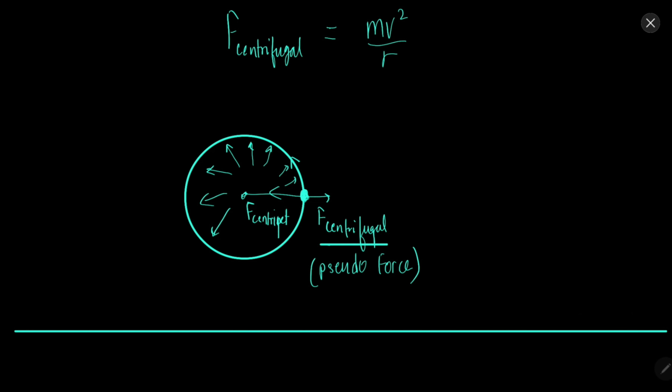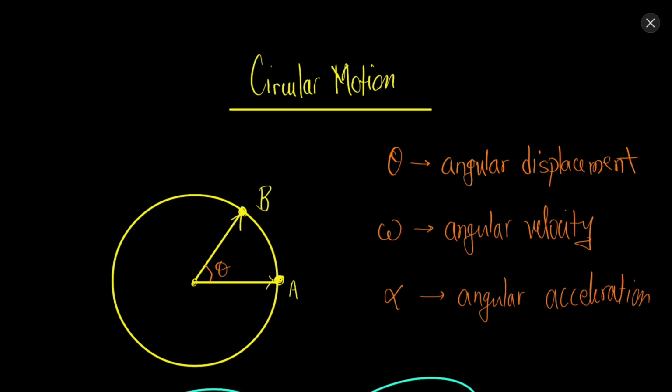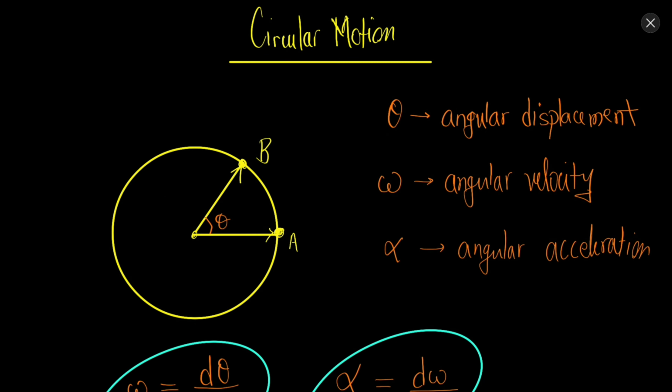Now the concepts of circular motion will be used in rotational motion as well. What we have discussed in this chapter is about the angular terms: angular displacement, velocity and acceleration. All those terms will be useful in rotational motion as well. Once we come to rotational motion, we will discuss them again, and during that time all these terms will be more clear to you.